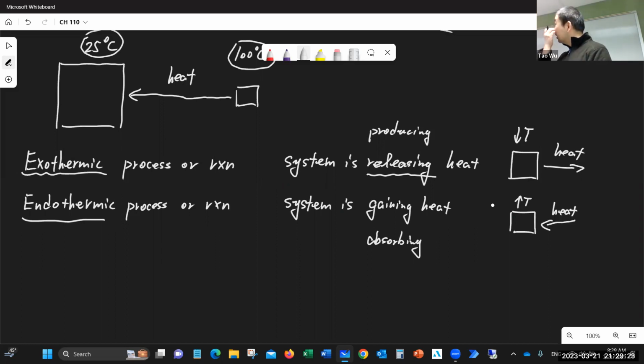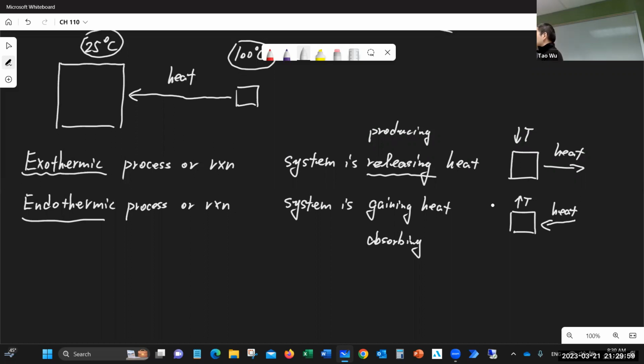For example, we're burning wood. In the old times, people burned wood in the fireplace, so you feel warm. You're burning the wood. Is this exothermic or endothermic? For the wood, that's exothermic. That's great, because exothermic and endothermic are compared to the system.